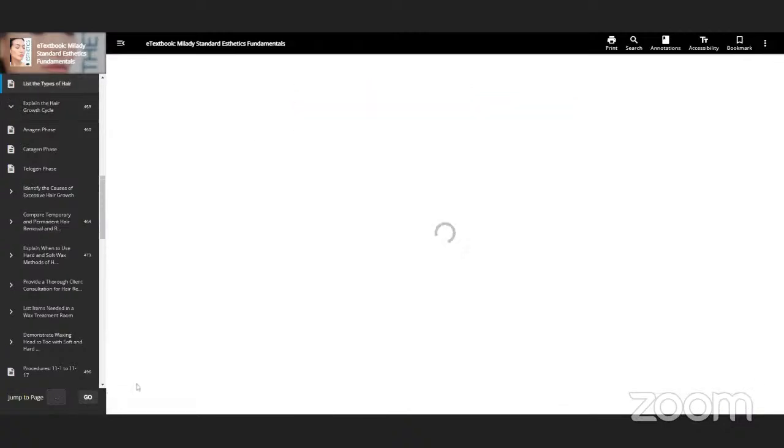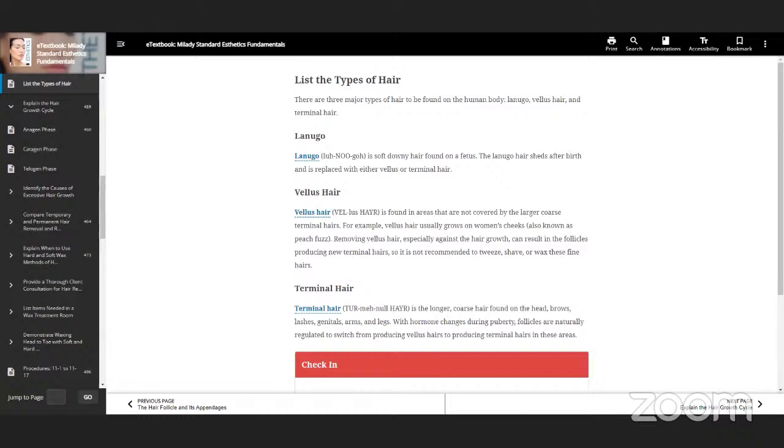You gotta always stay on. So for the ones that were not on, we got to discover lanugo, vellus, and terminal hair. Lanugo, we're pretty much born with it, and once that sheds, you get vellus hair and terminal hair.